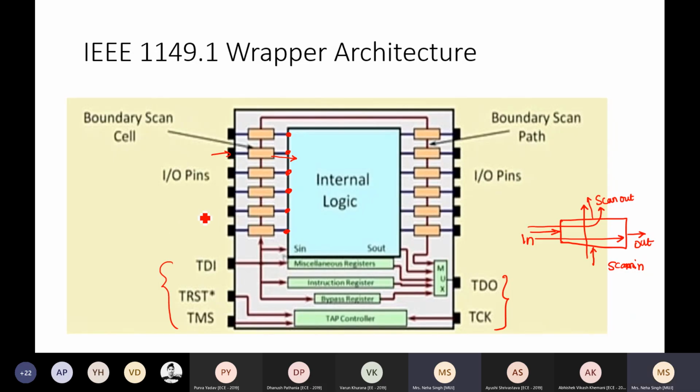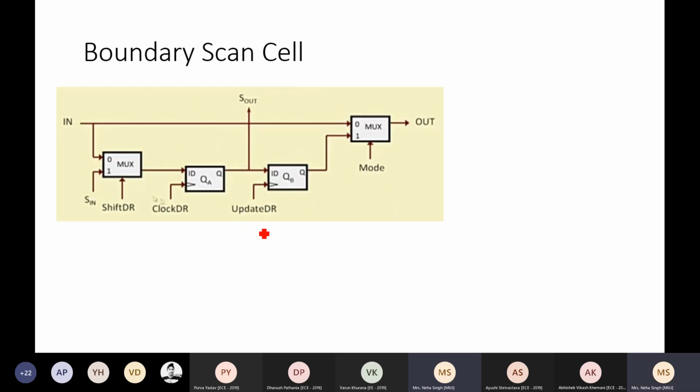Now we look into what this boundary scan cell looks like. A boundary scan cell has 2 multiplexers and 2 D flip-flops. Remember the structure? One possibility is I need to have some input given to my scan cell which needs to be given out to my logic or IC, right? Then I may require to have a scan in, which I now call S in, and this is my scan out.